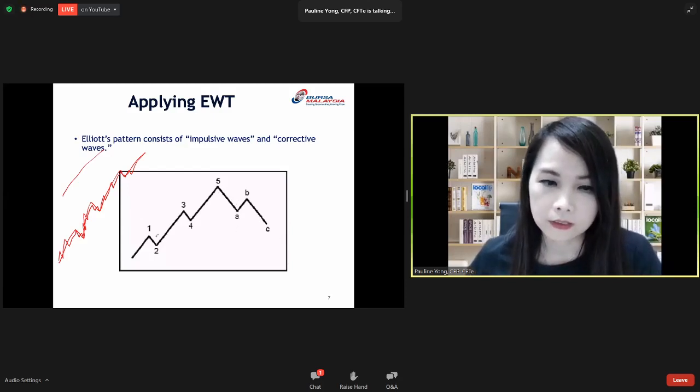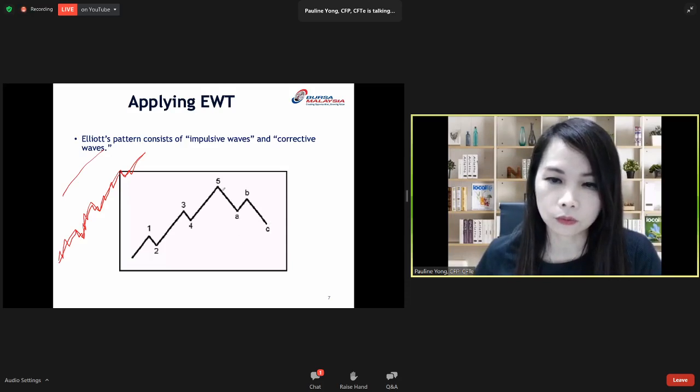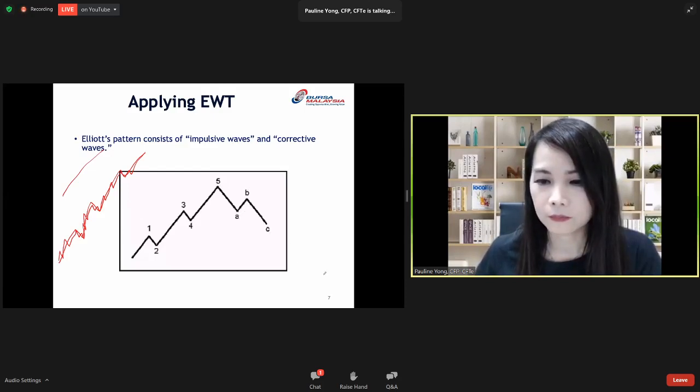So instead of going uptrend, if you thought that it's going to be a normal ABC correction and then continue the uptrend, but then in the end you see that it's going to go down further, then you have to start to count this as the beginning of a downtrend. Then you have to count this as a wave 1. 1, 2, 3, 4, 5, A, B, C.